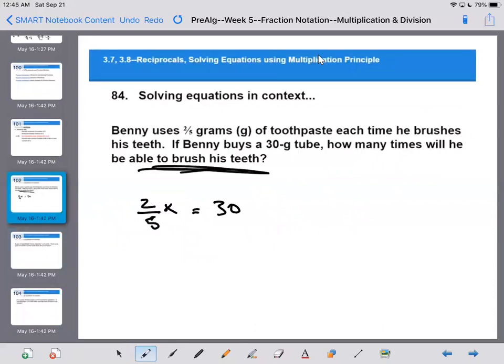Well, one way to do this is to just divide by 2/5 on both sides, because 2/5 is the coefficient. This would go to 1, so you're left with x equals 30 divided by 2/5.